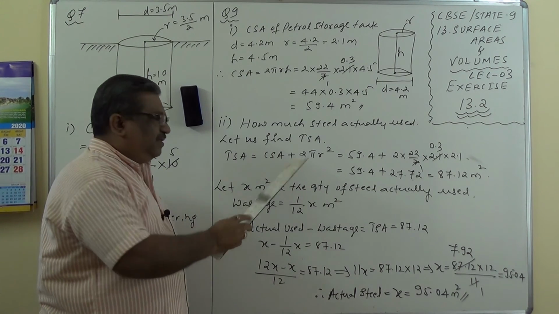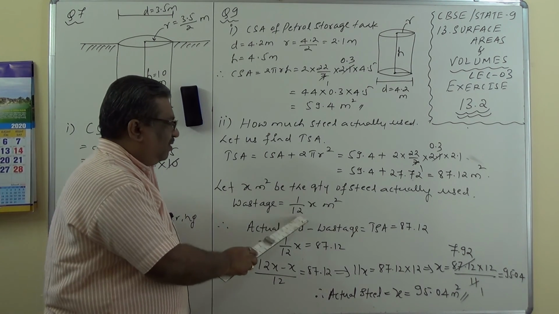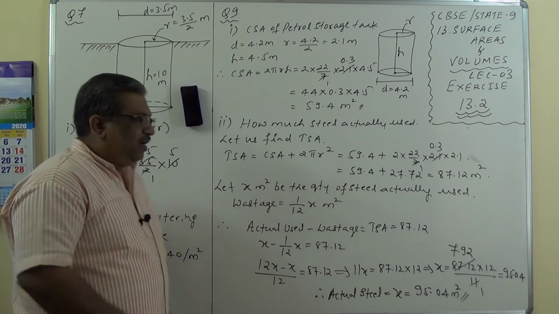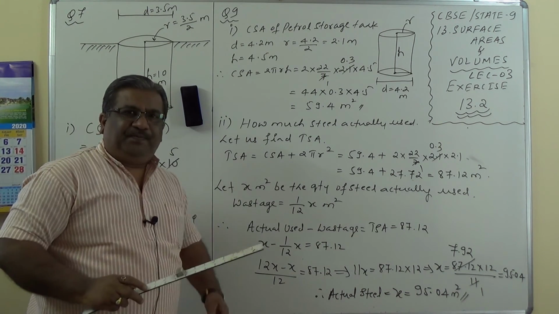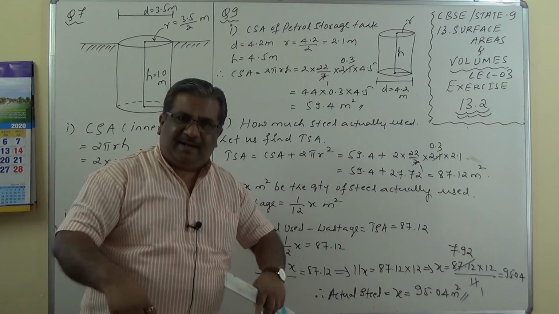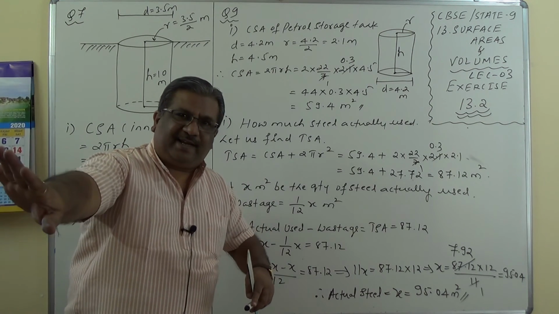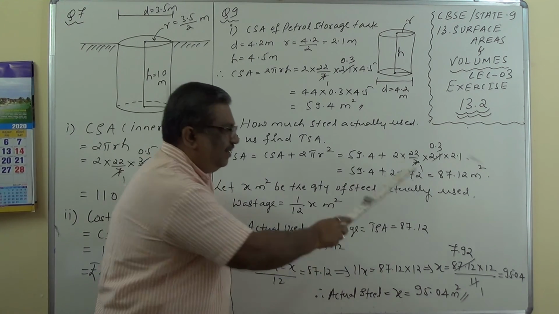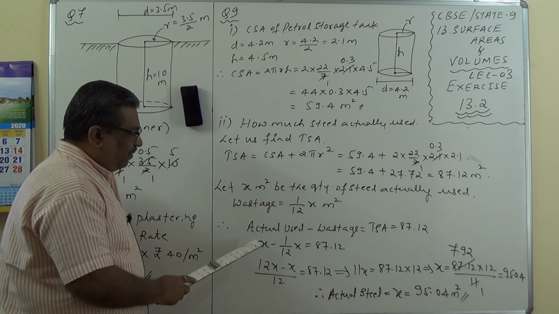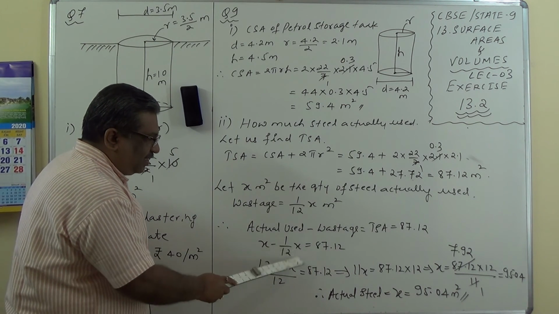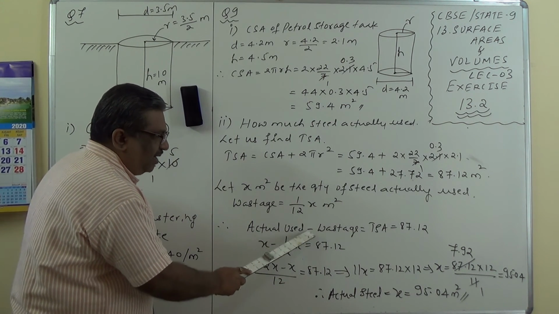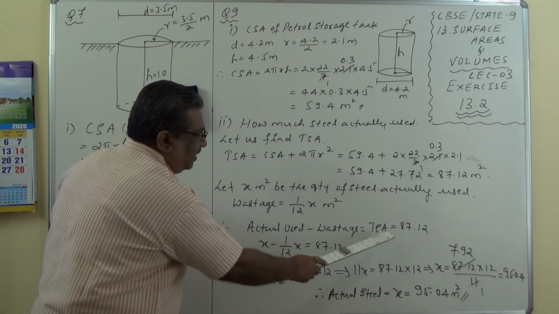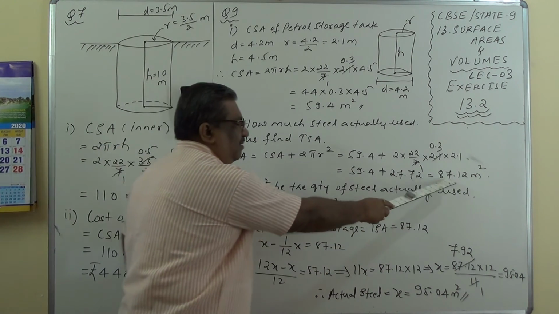Therefore, if x is the actually used, wastage is 1/12 of x square meters. So the actual steel is there, cut that wastage, take it out. The remaining steel should be equal to the calculated TSA, and therefore actual used minus wastage gives you the calculated TSA, which is 87.12 square meter.